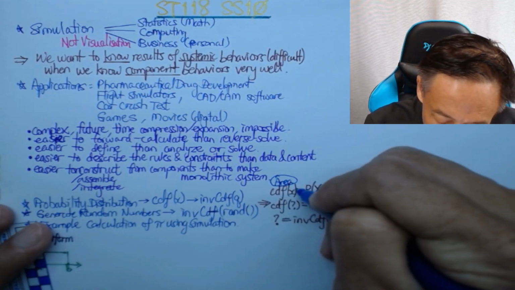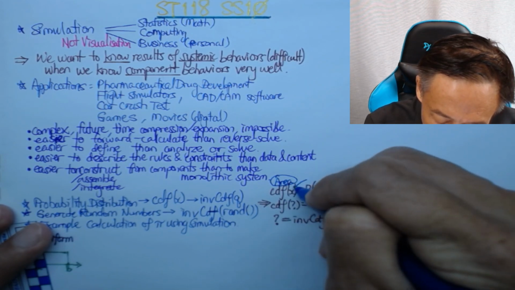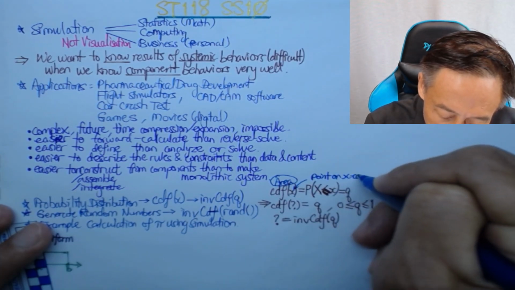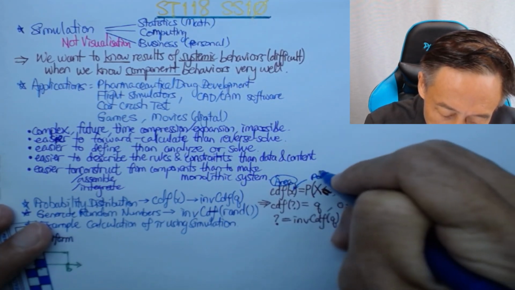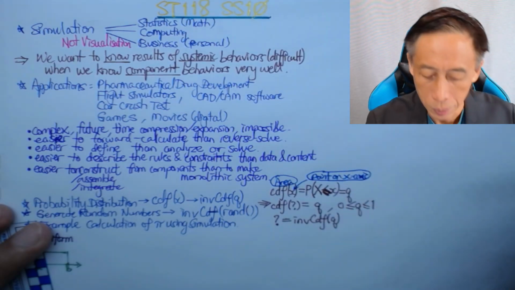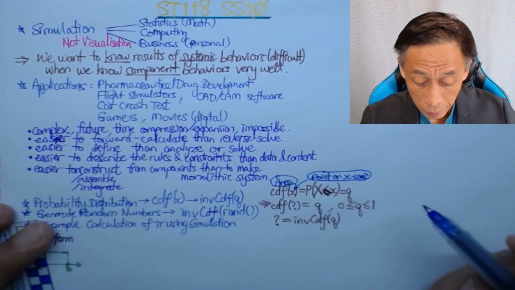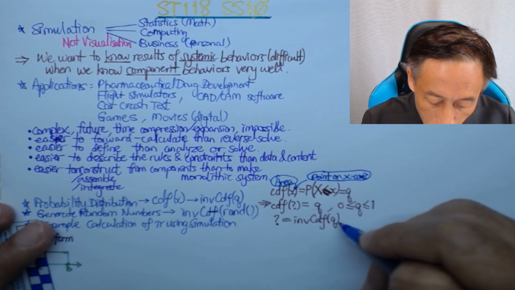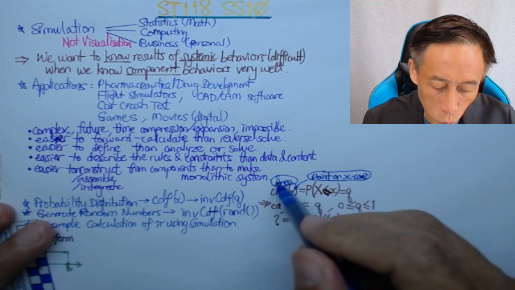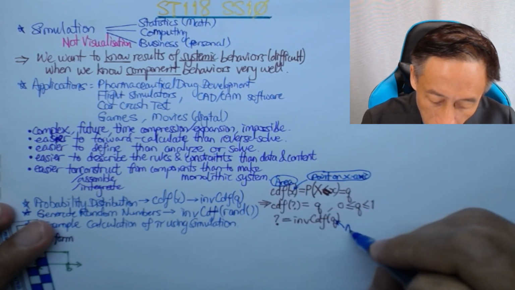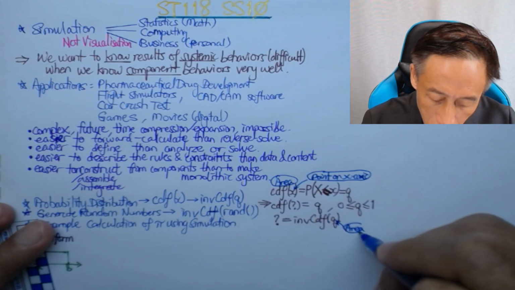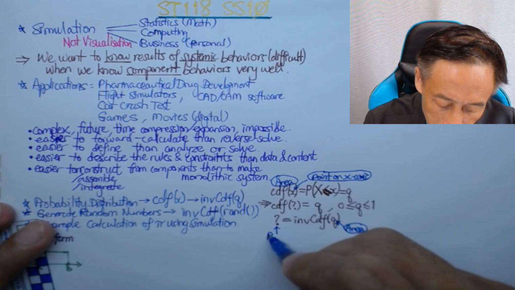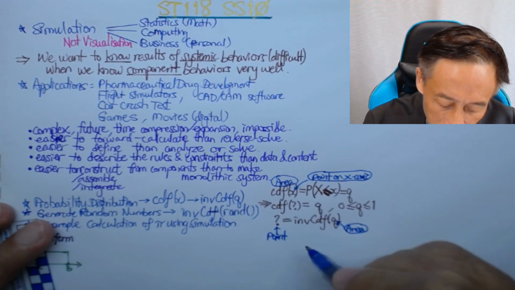And x here, point on x-axis. Okay. And for inverse CDF, we input the area. Because Q is equal to area, right? So this will be area. And this would be point on x-axis. So we get the reverse. That's why it's called inverse.